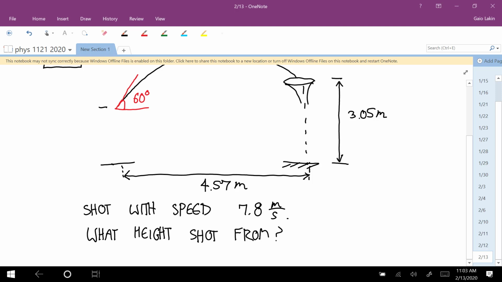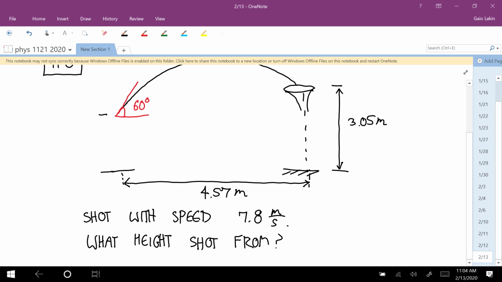I'm not sure it's a very good strategy, but what we're looking for is the height that it's shot from.